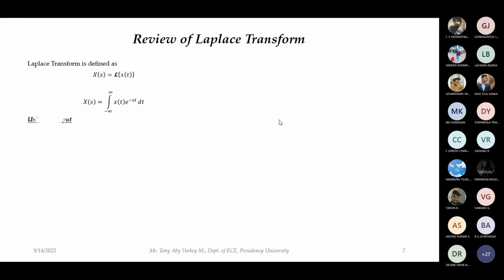Okay. Now we will look into some standard test inputs. I know that you guys have studied this in signals and systems and all. So I'm just brushing up. Can you define what is a unit step input or unit step signal?